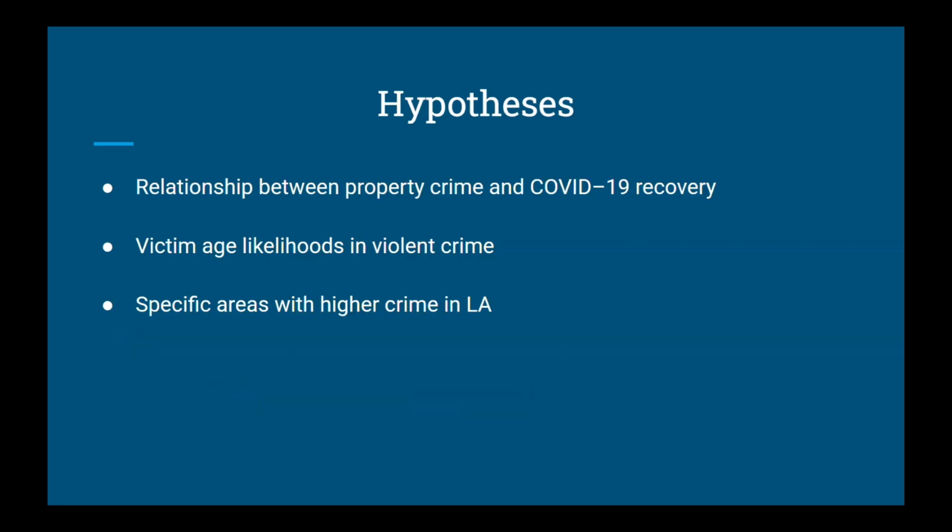So the three hypotheses that I created were, one, dealing with the relationship between property crime and COVID-19 recovery. My hypothesis is that during the COVID-19 recovery years, the years from 2021 to 2023, and these years were picked because 2021 was when widespread use of the vaccine began, which immensely helped with the COVID-19 recovery.